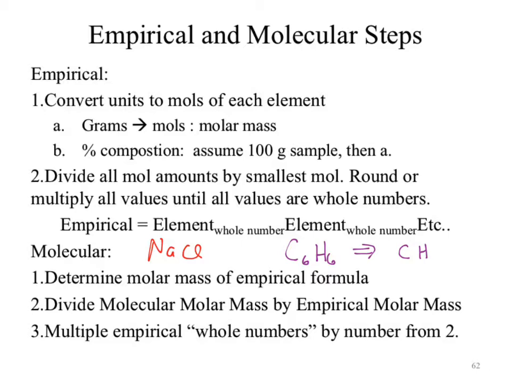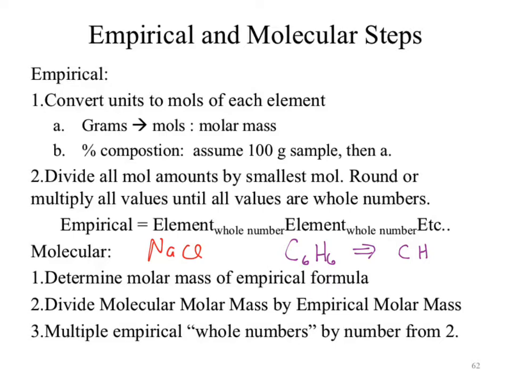Because there's a slightly different connection between them, I can now reference my empirical versus molecular formula. There are methods to determine the empirical formula independent of the molecular formula. We can then also use other methods to determine the molecular molar mass. Once I know the molecular molar mass, I can relate that to the empirical molar mass.